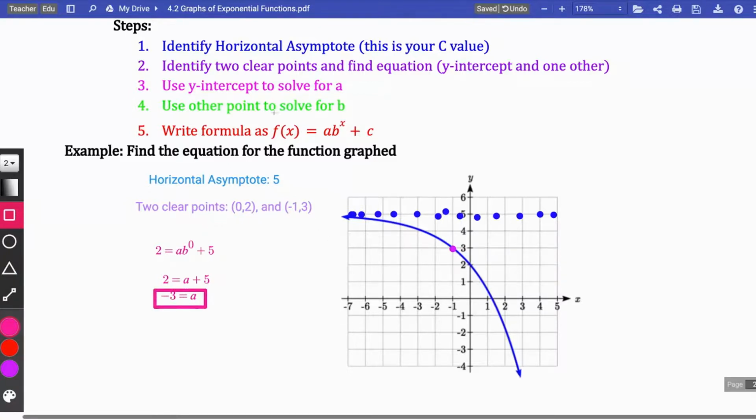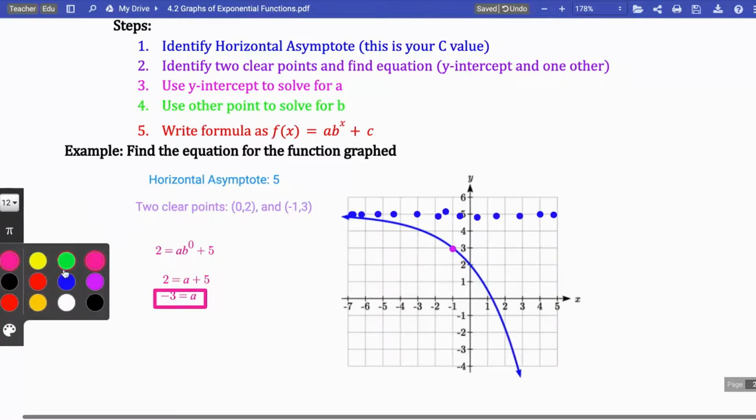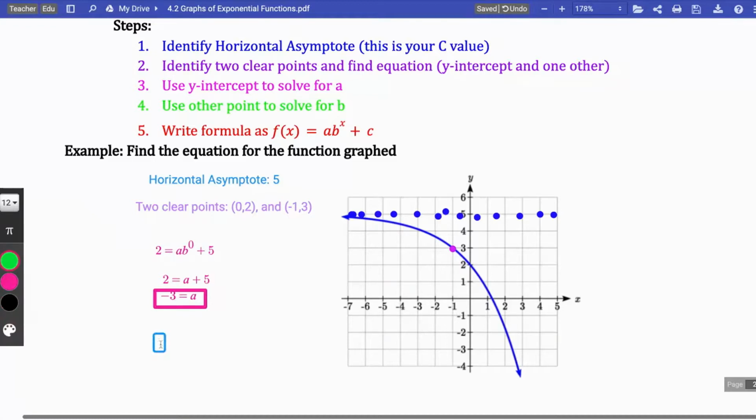All right. And so next step is to use a to solve for b. So I'm going to take that point (-1, 3), and I'm going to plug a in so I can solve for b. That's a different color. It's lime green. And I know you guys hate lime green, but it's what we're doing. So now I'm going to take the point: 3 equals, and we said a was negative 3, so negative 3 times b to the negative 1 power, plus 5.